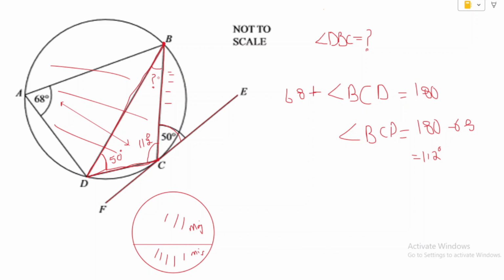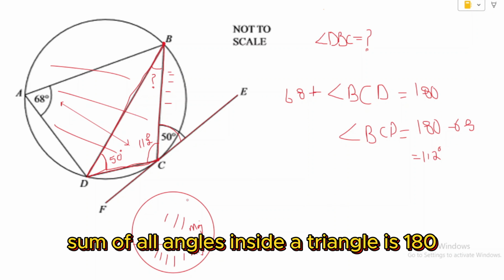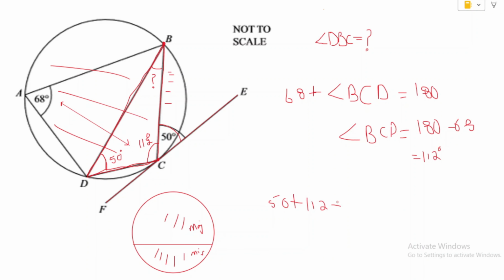So you can find this third angle, because in a triangle, the sum of all angles inside a triangle is equal to 180. So that would be 50 plus 112 plus this angle CBD equals 180. 50 and 112 is 162. So angle CBD will be 180 minus 162.